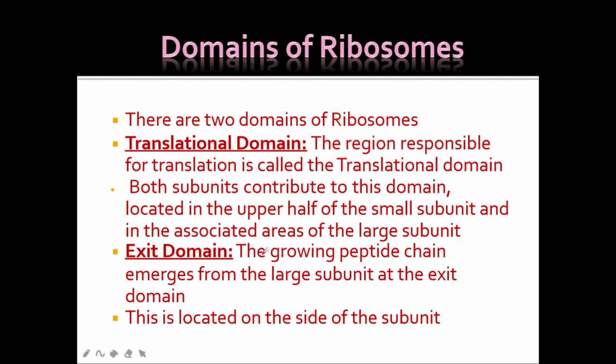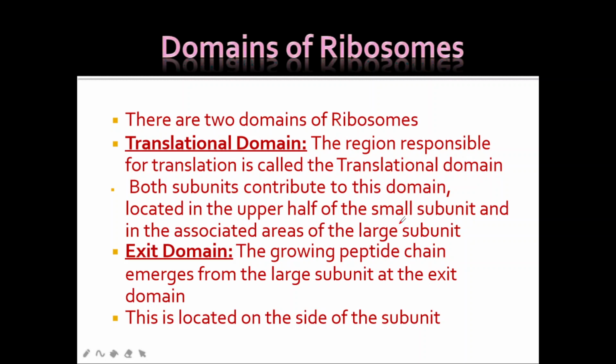Then the exit domain, for the growing peptide chain. These are the domains where protein synthesis takes place. The translational domain is where protein synthesis starts, and one by one amino acids bind here, and the protein chain is formed and exits.